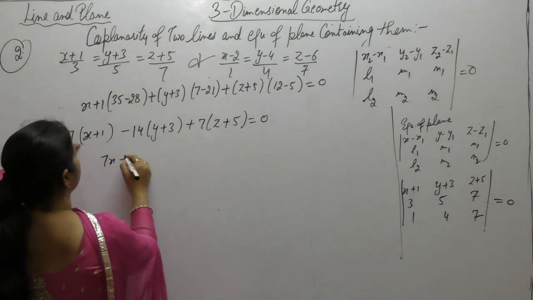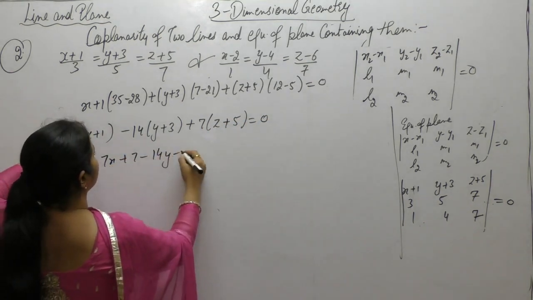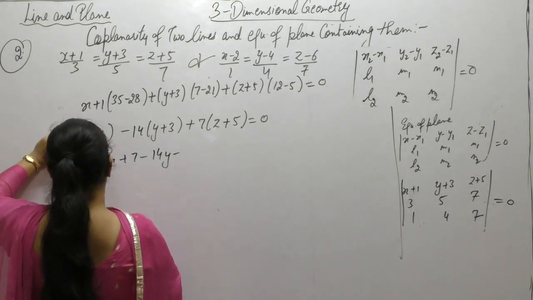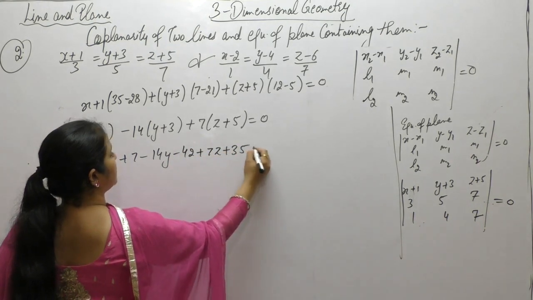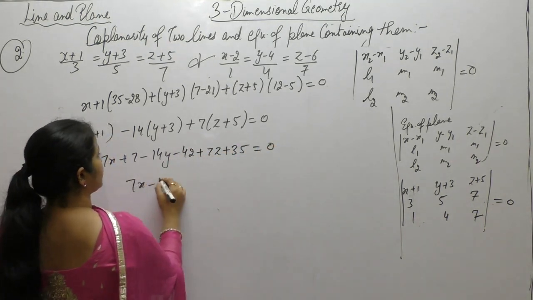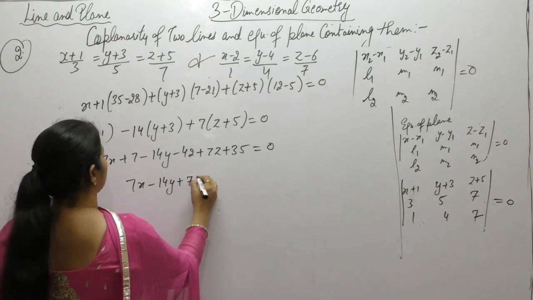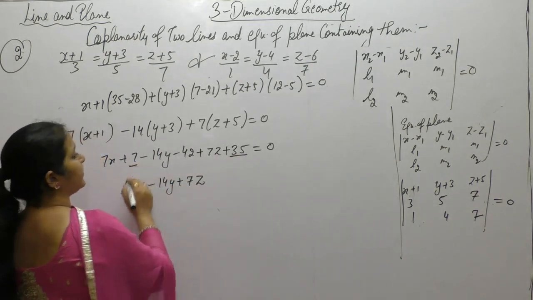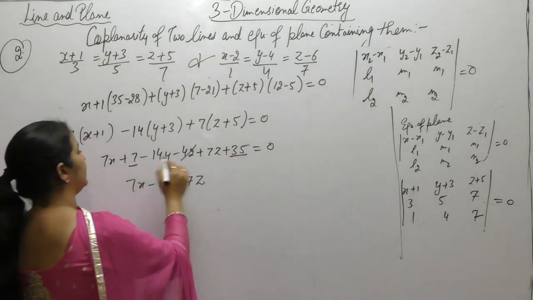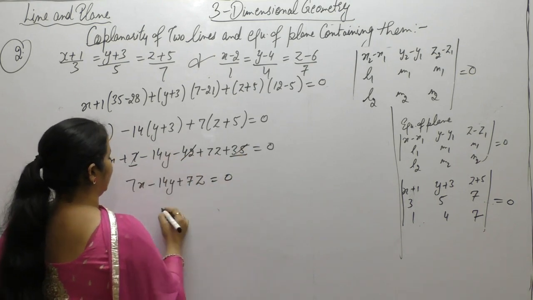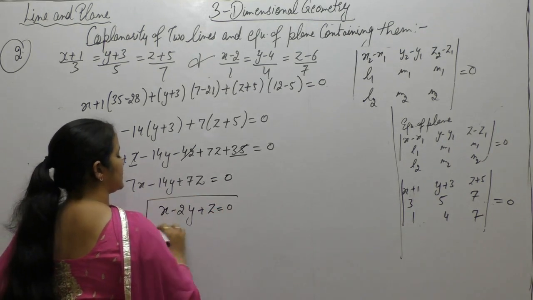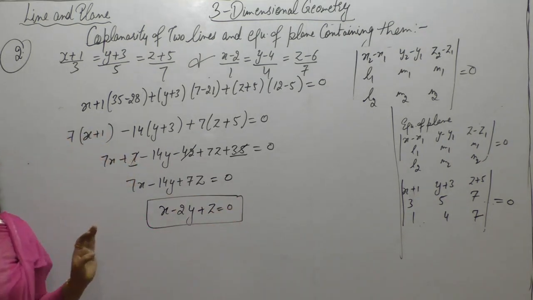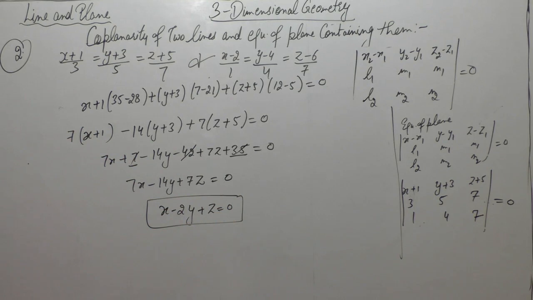So 7x plus 7 minus 14y minus 42 plus 7z plus 35. 7x minus 14y plus 7z, plus 42 minus 42 will get cancelled. By taking 7 common, x minus 2y plus z equals 0 is the required equation of the plane containing these two lines.